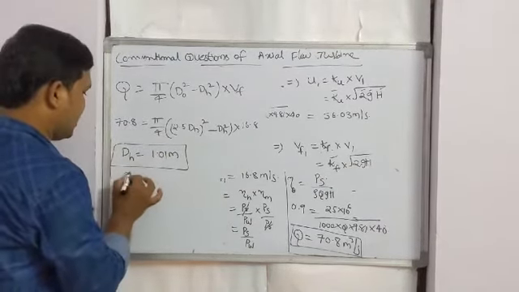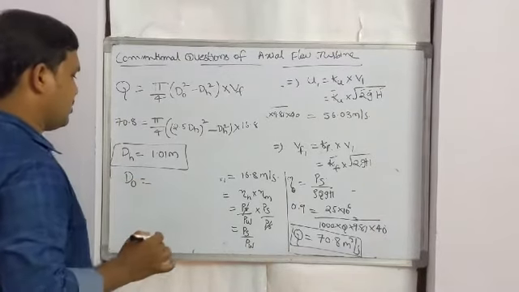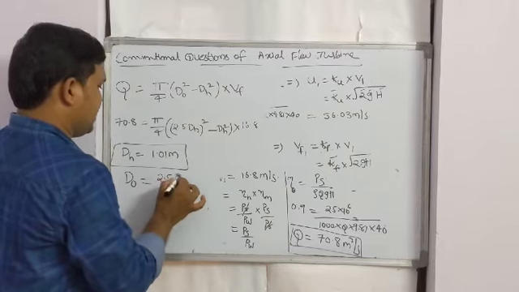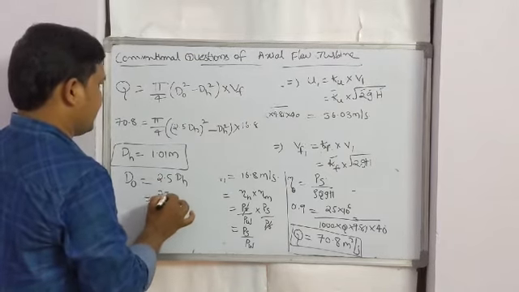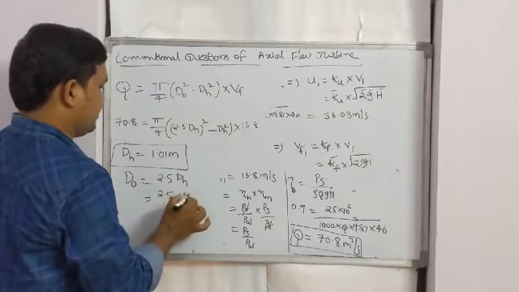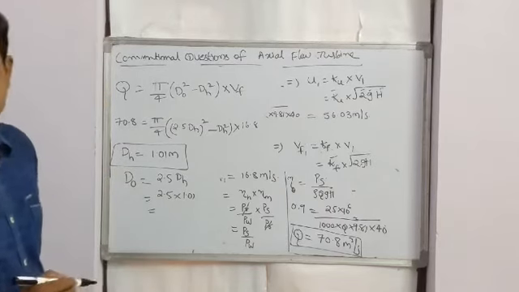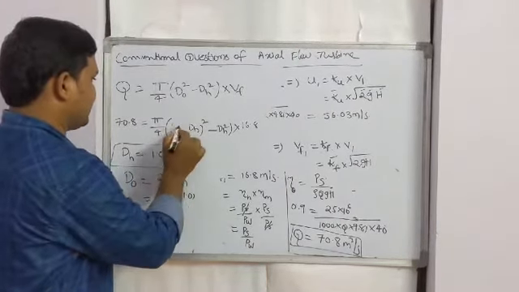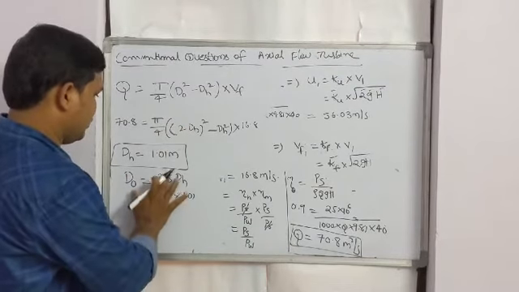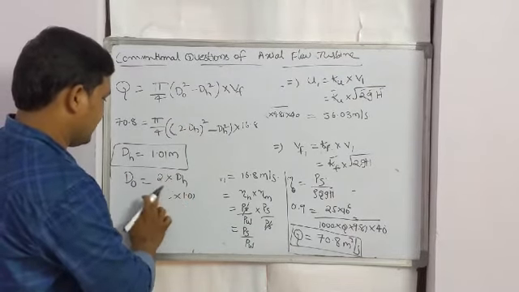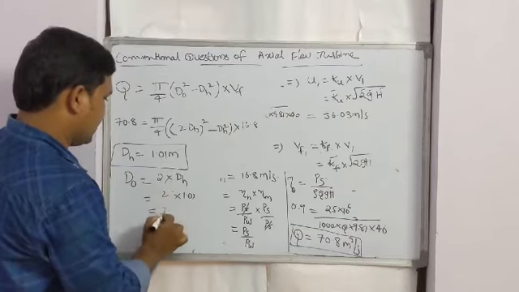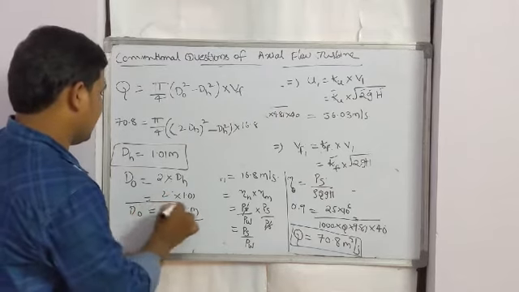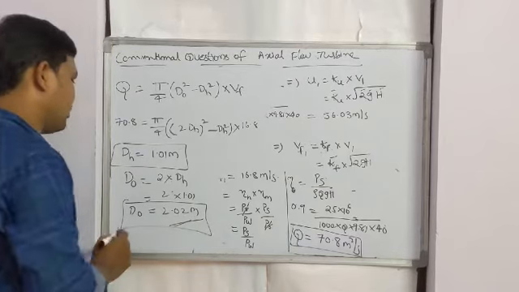Coming to the outer diameter, the relation is not 2.5 times, this is 2 times the hub diameter. So 2 into hub diameter is equal to 2.02 meters of outer diameter. So hub diameter is over and outer diameter is over.